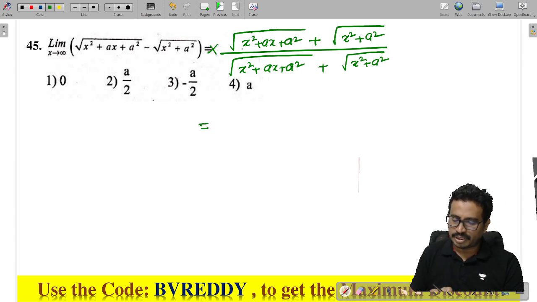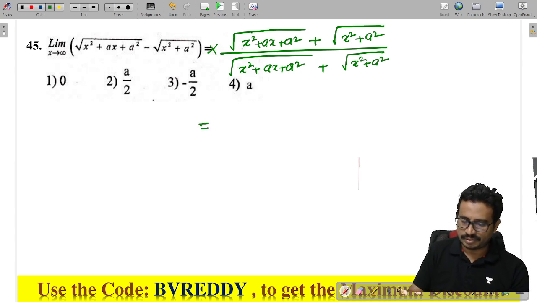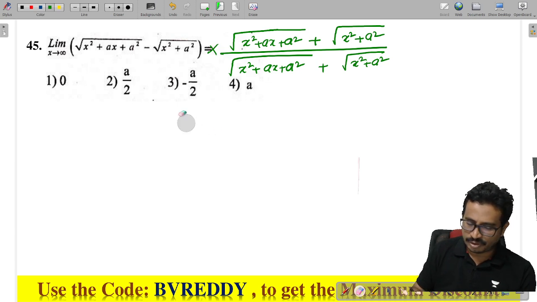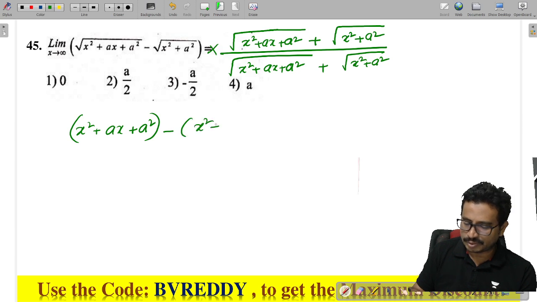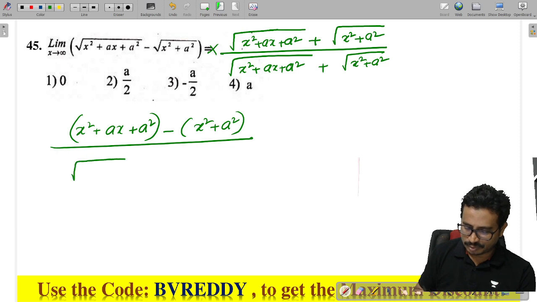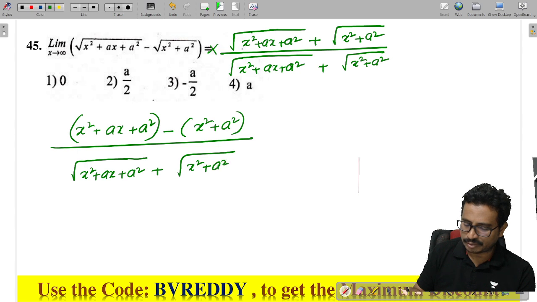If we multiply it, what I will get is x square plus ax plus a square minus x square plus a square, by square root of x square plus ax plus a square plus square root of x square plus a square.